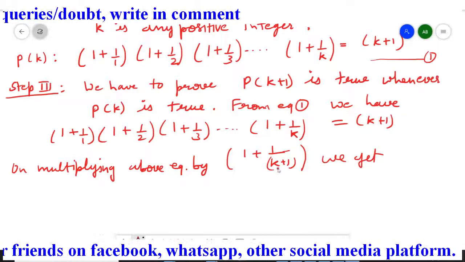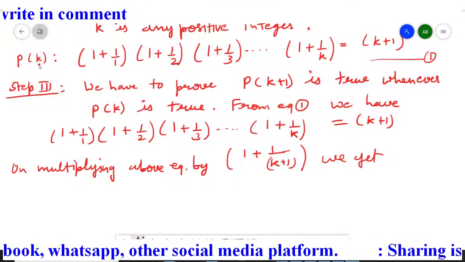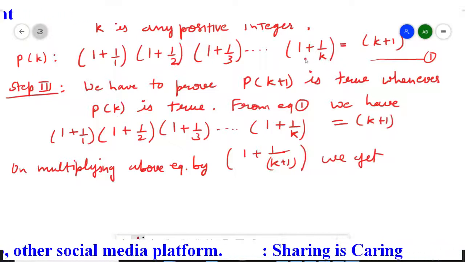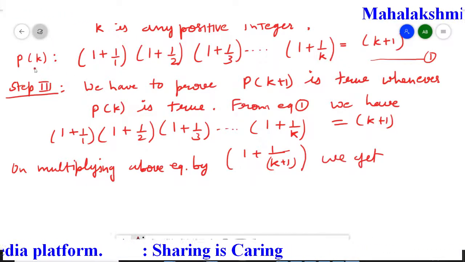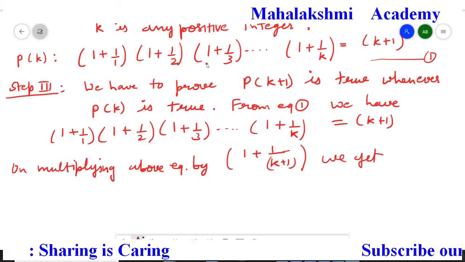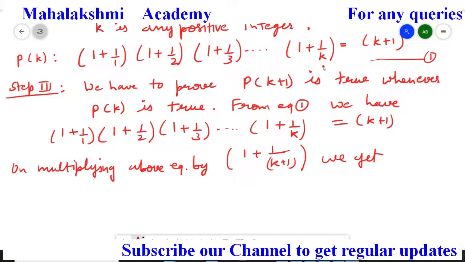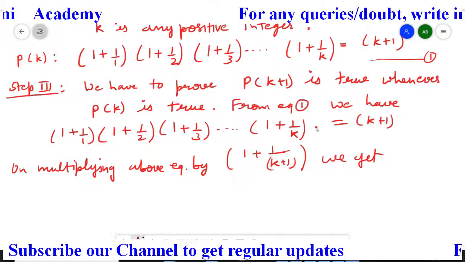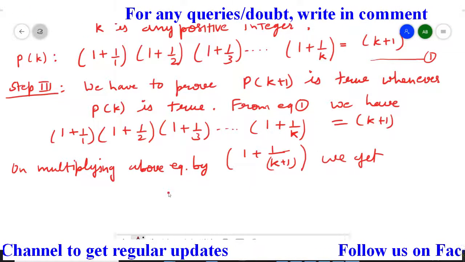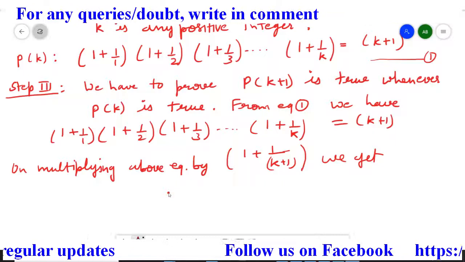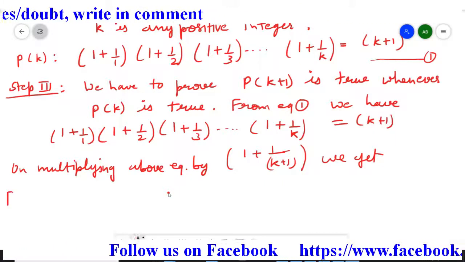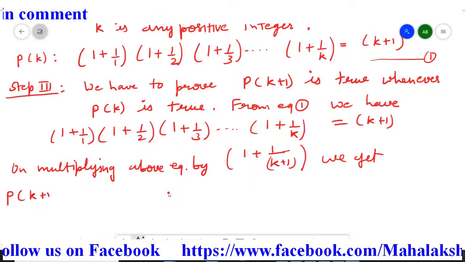So how did I obtain this? By comparing. If we have here k, then it is ending by 1 plus 1 upon k. So if we need here k plus 1, then it should end by 1 plus 1 upon k plus 1. So it's going to be Pk plus 1.